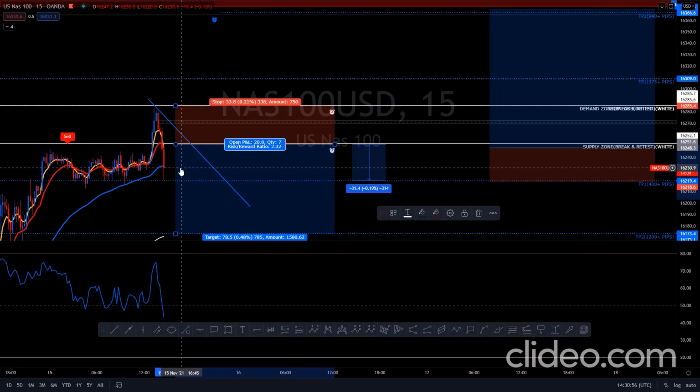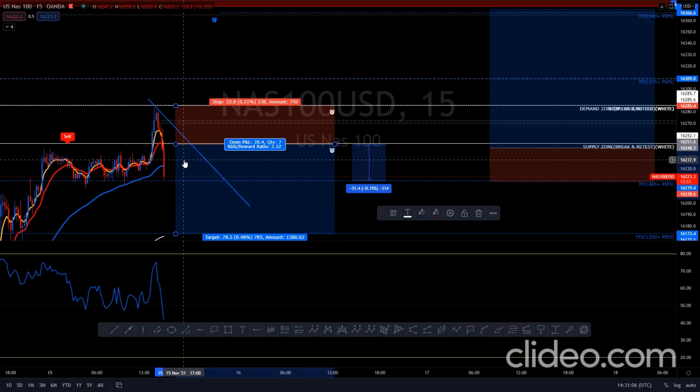Now it's going back a little bit. Let me wait. Let me put it at least to here, so that way, if it hits it, modify stop loss. Where's that 1.6237? 1.6237.9. So now it's modified.